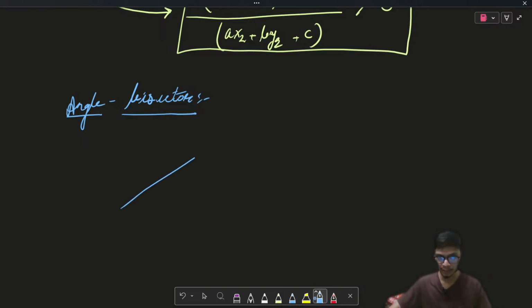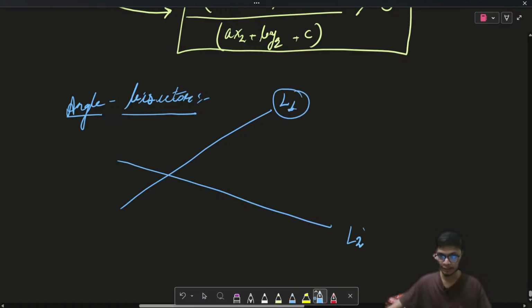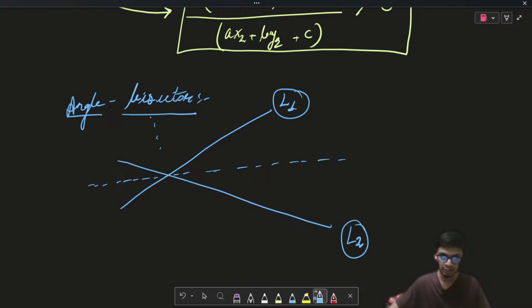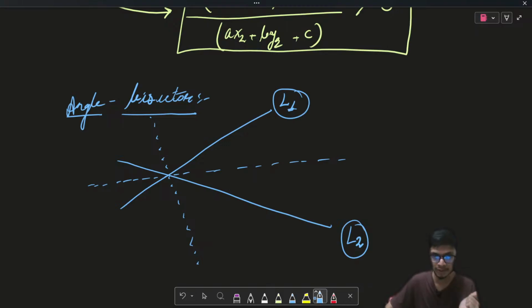So if I have two lines, let us say this is my line 1 and this is my line 2. In this case, if I find this particular angle bisector or this particular angle bisector, these are known as the angle bisectors of two given lines. When I talk about the angle between two lines, I have already explained that the angle between two lines can be this particular acute angle or this particular obtuse angle as well.